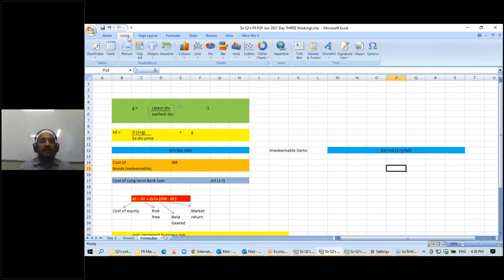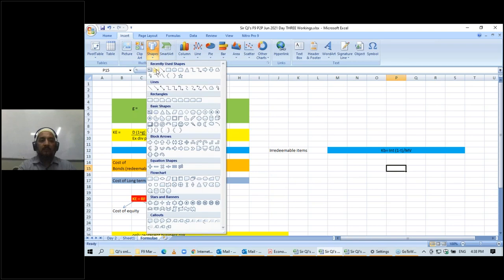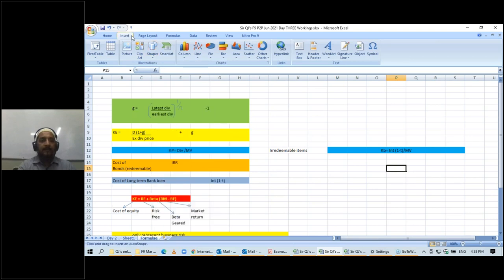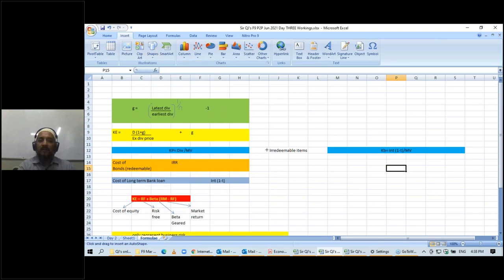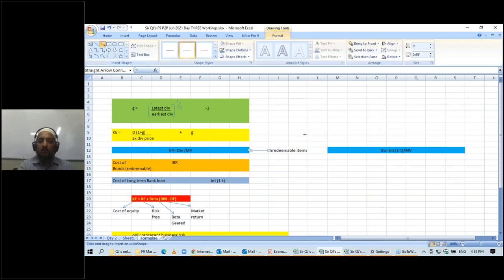So it's similar to preference shares, just there is a difference in the interest effect. As preference share dividend is not deductible from taxable income, you can't save tax on it, so its cost will be higher. Preference shares will cost you more, and in case of loans, there is a 1 minus t which reduces the numerator, therefore it reduces the cost also.